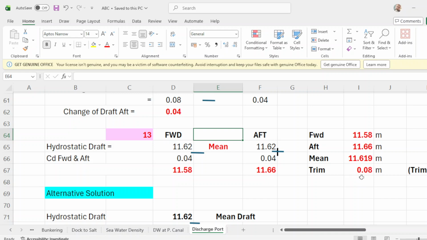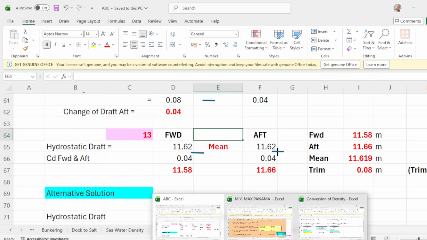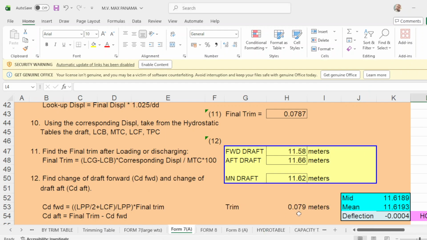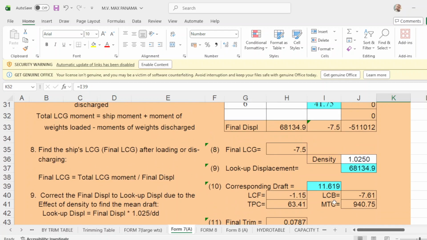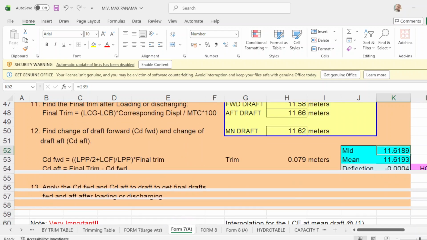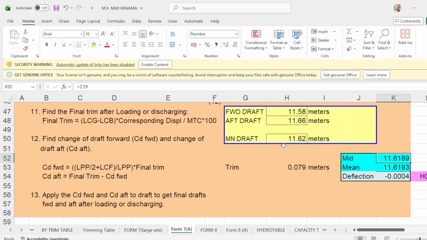Your trim is 0.08, and the trim here is almost 0.08. Okay. Then your deflection here is 0. Why? Because I got it from here. That will be 11.619. Okay. And your mean is this one, then you have a deflection of 0.